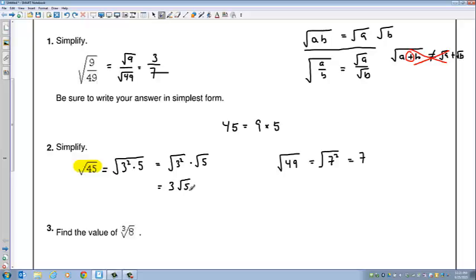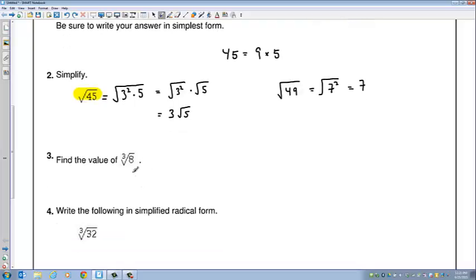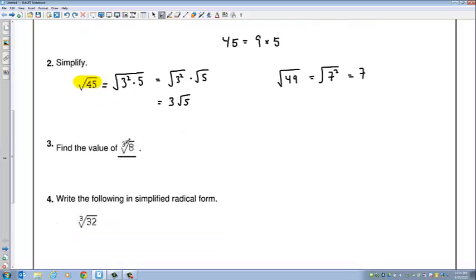And that's our answer. If you look down at number 3, instead of having a square root, we have a cube root. And so the cube root of 8 is equal to, and if you look at 8, you can see that you can factor 8 as being 2 times 2 times 2, which is really 2 cubed.